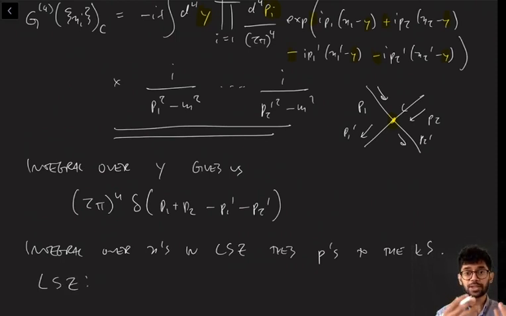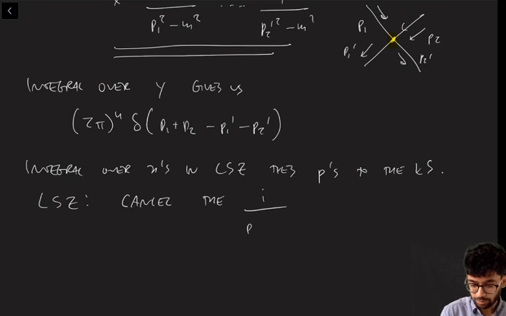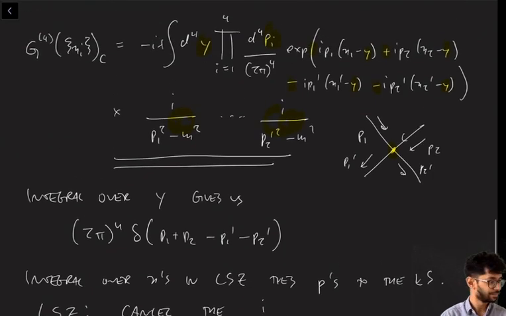It had a bunch of k squared minus m squareds in the numerator. Each of those k squared minus m squareds is going to cancel the i over p squared minus m squared in this expression right here. Okay. And so what happens then is that each of the p's becomes the same as one of the k's, and each of the p squared minus m squareds cancels these guys.